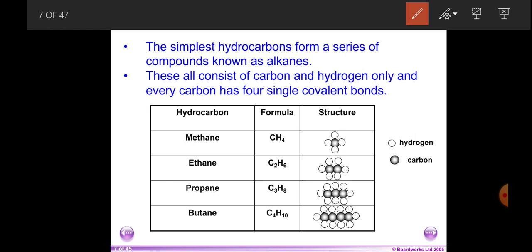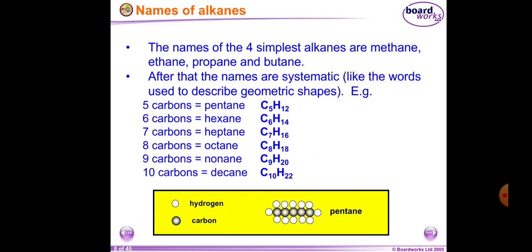So homologous series are just hydrocarbons or organic compounds whose members differ from the next by a specific number. This specific number, in the case of alkanes, is 1 carbon and 2 hydrogens. And we can see all the examples.